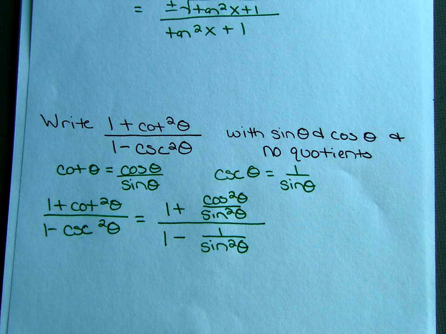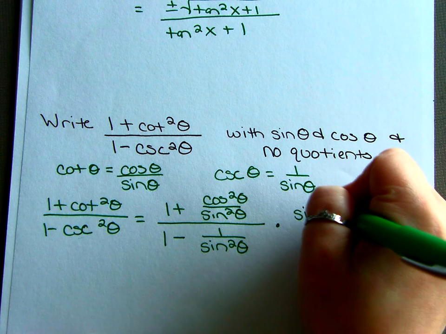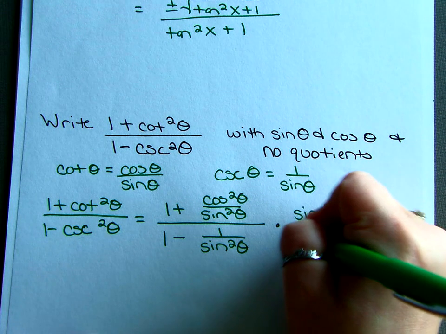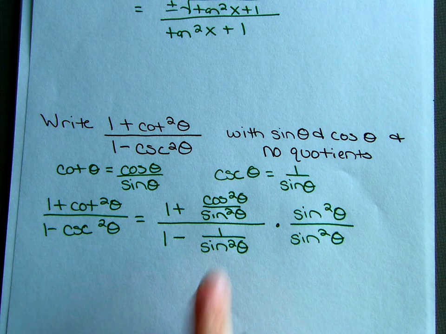Now we've got a lot of fractions going on. We got fractions in the numerator, we got fractions in the denominator, and that's all inside one big fraction. So let's get rid of a little bit of the fractions by multiplying both the top and the bottom by that sine squared theta. That's going to at least get rid of the fractions within the fractions, which makes our lives a little bit nicer.